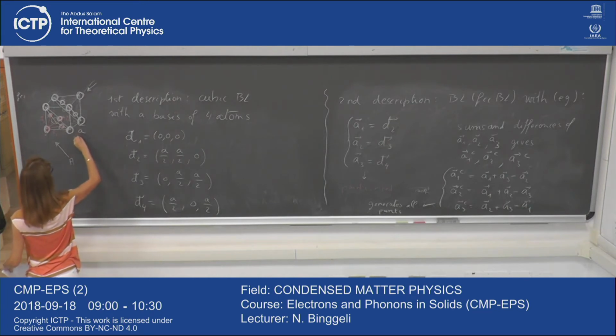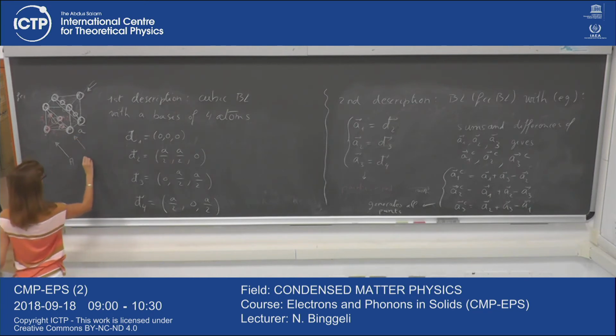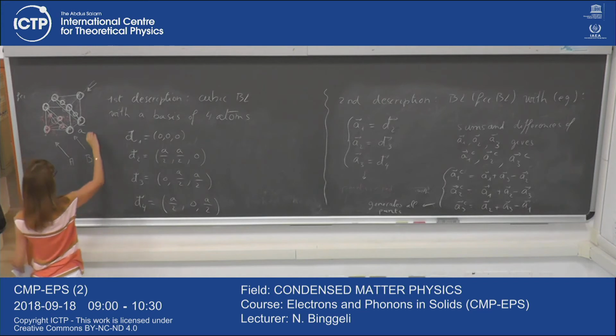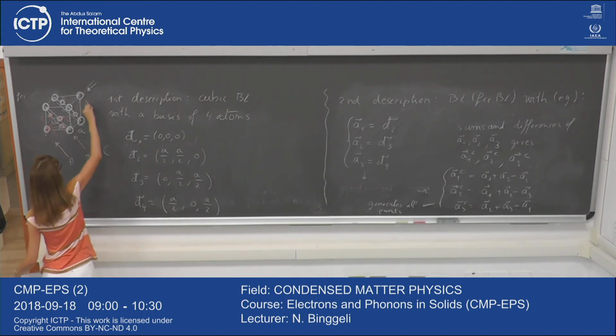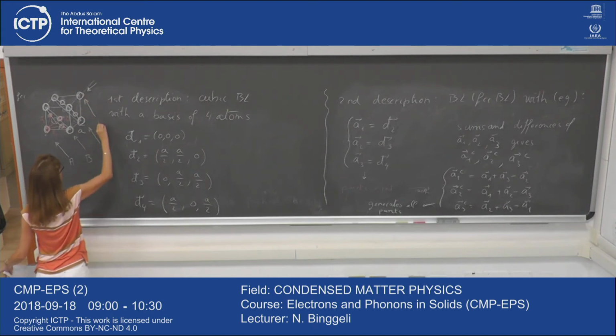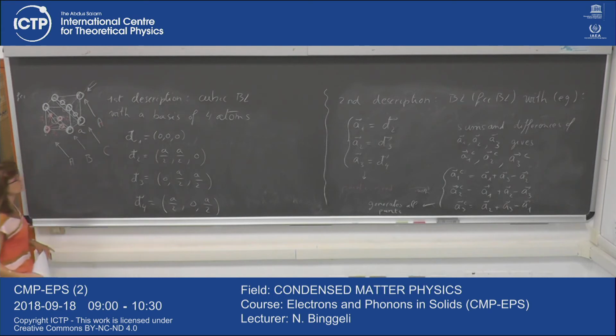This would correspond to the B stacking, and this would correspond to the C stacking, and then I go back again to the A stacking. So this is the correspondence between the cubic FCC lattice and the hexagonal ABC packed structure that I mentioned.